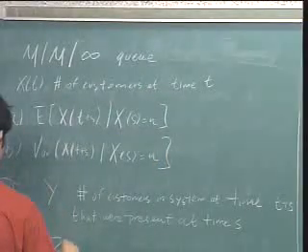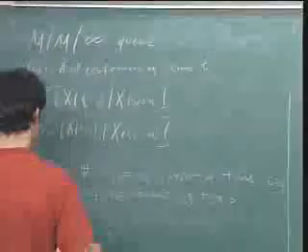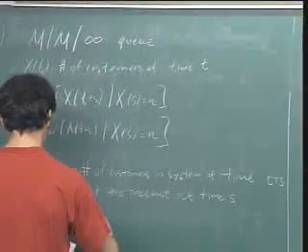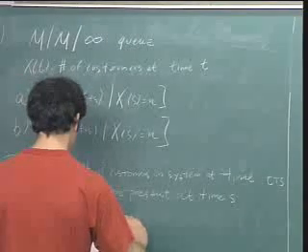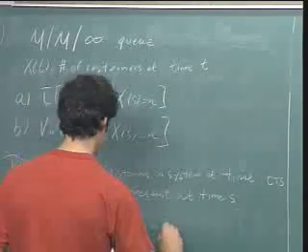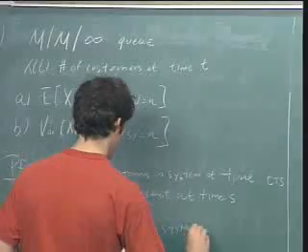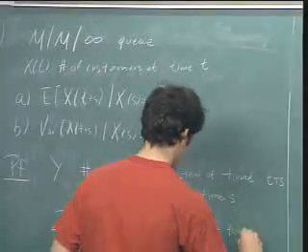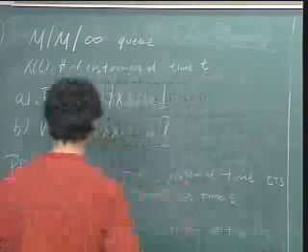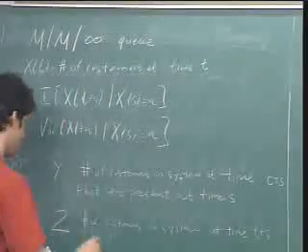And let Z be the number of customers in the system at time t plus s that were not present at time s.